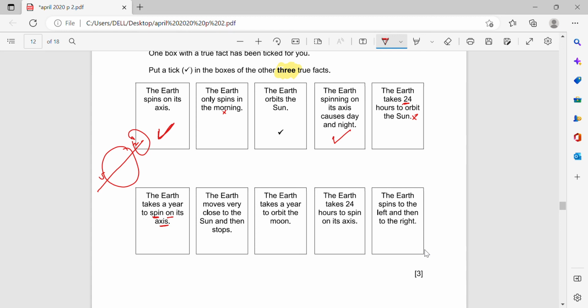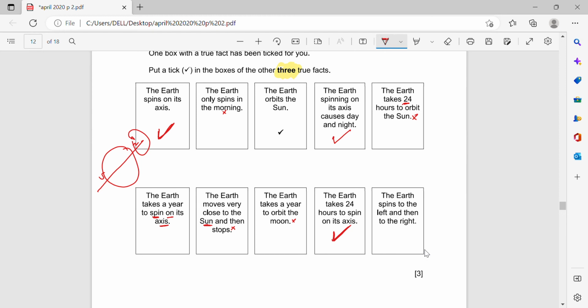The earth moves very close to the sun. طبعا never happens. The earth takes a year to orbit the moon. Does the earth orbit the moon? طبعا غلط. The earth takes 24 hours to spin on its axis. That's correct. That's what causes day and night.